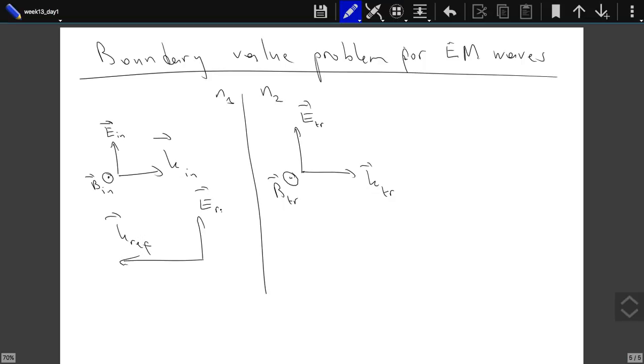Well, I don't really know what will happen to the electric field, whether it will stay in the same direction or not, but let's just assume that it stays in the same direction. If it doesn't, I would just obtain a minus sign in front of the reflected electric field. What is the direction of B in this case? B changed direction.